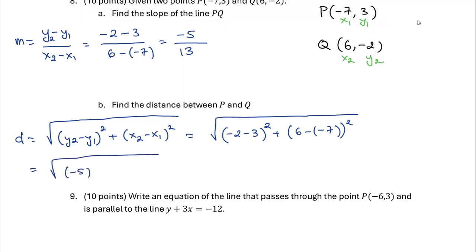This is -5 squared plus 13 squared. What is -5 squared? -5 squared is -5 times -5, I get a positive 25. And 13 squared is 13 times 13, I get 169. So 169 plus 25 is square root 194.